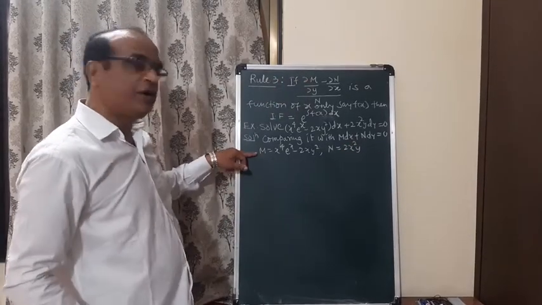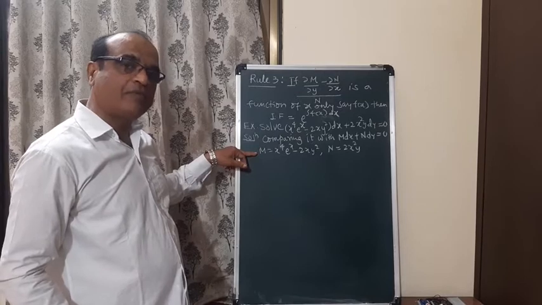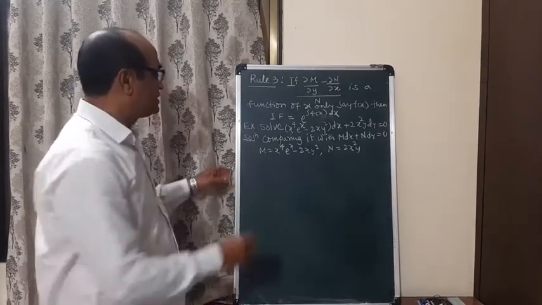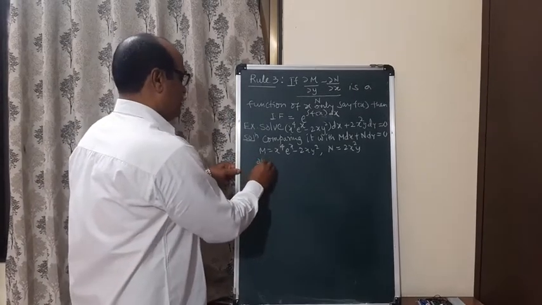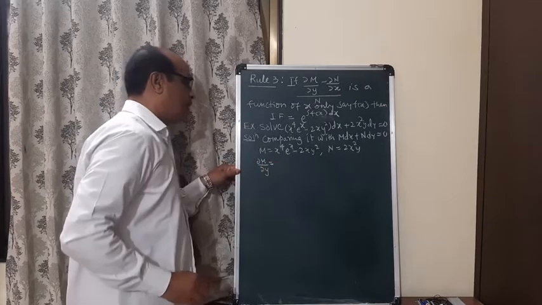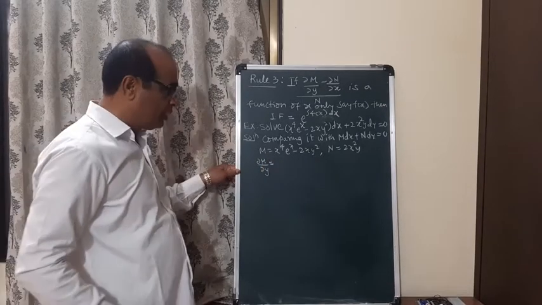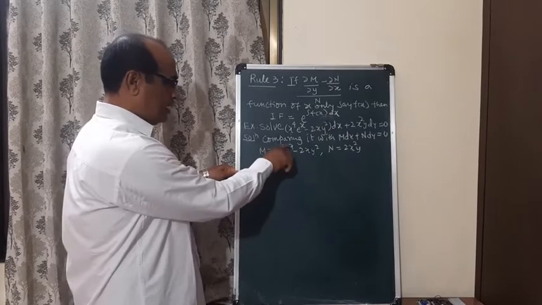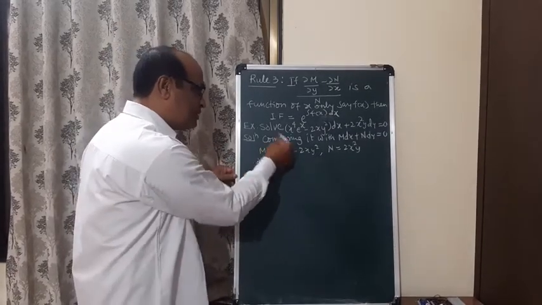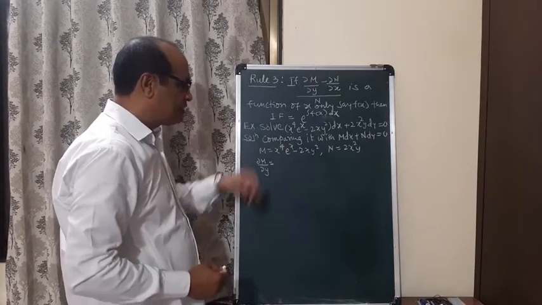So find the partial derivative of M with respect to y, keeping x constant. So what is ∂M/∂y? With respect to y, keeping x constant, this term is a constant term, so the derivative of this is 0.